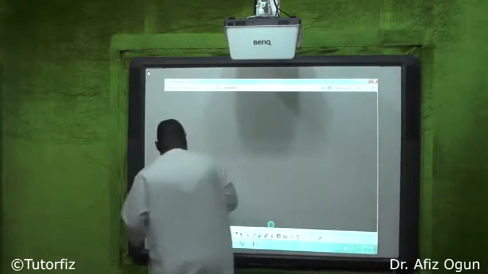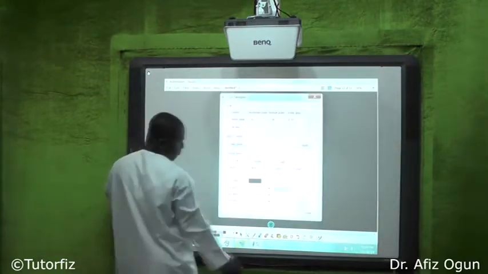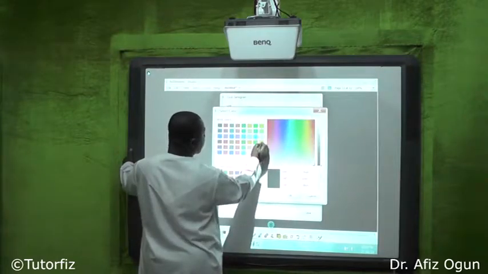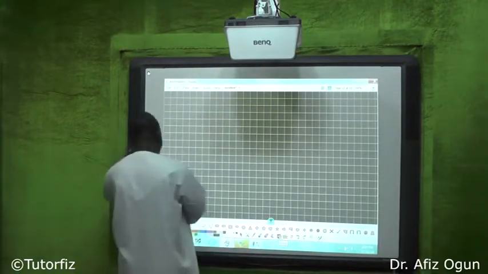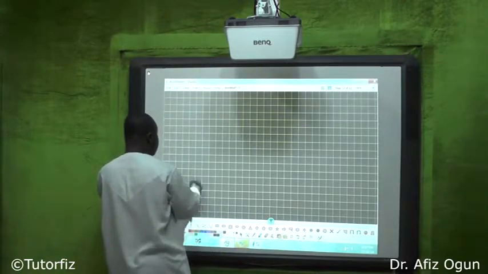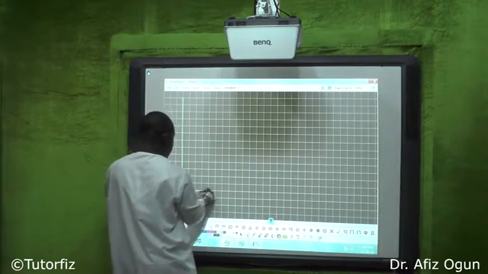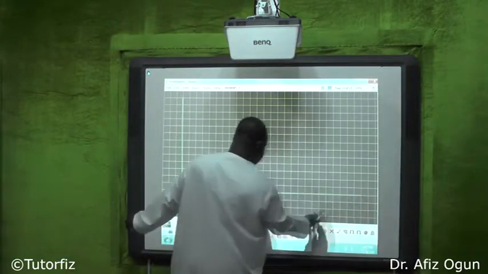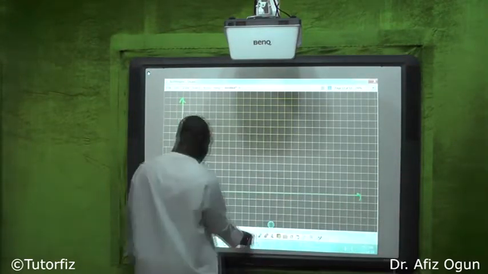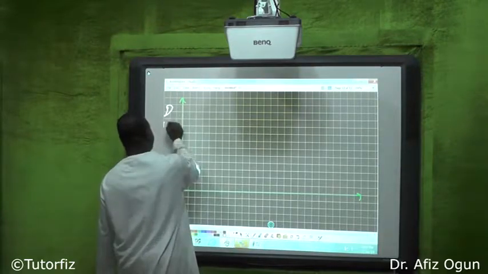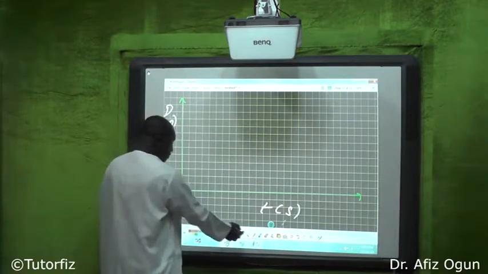If I have a graph like such, distance against time, my distance in meters, very important, and my time in seconds, very important. And I was moving like this.